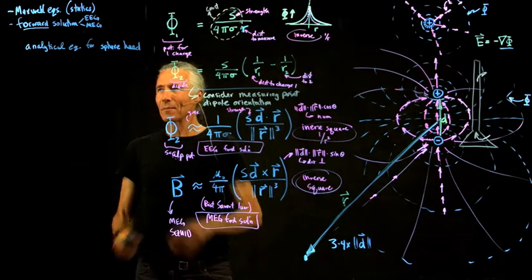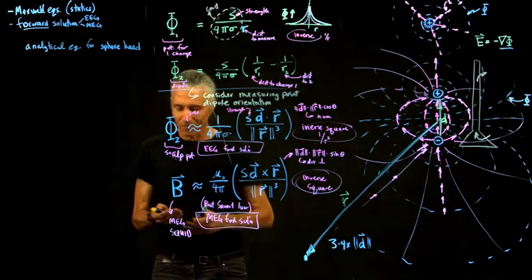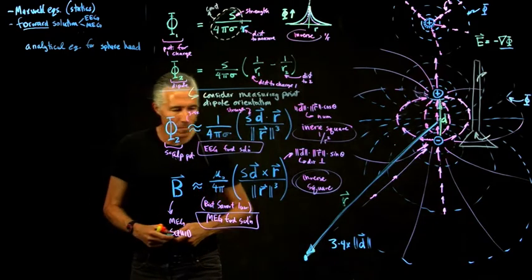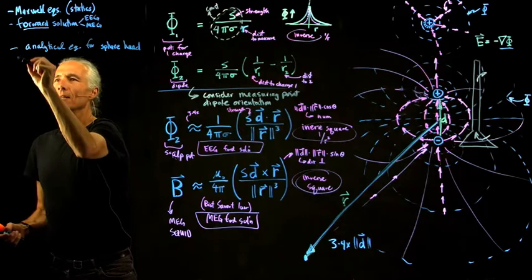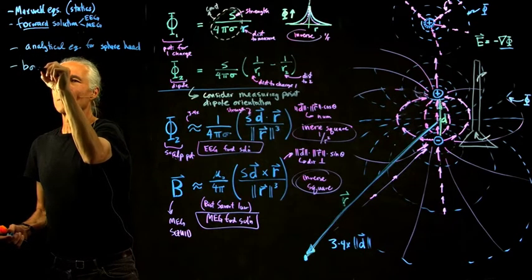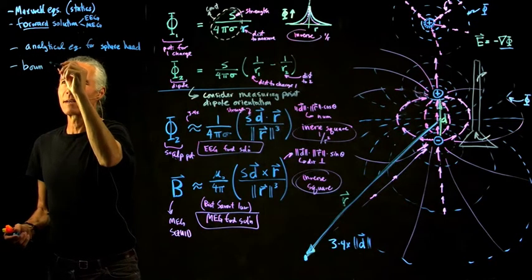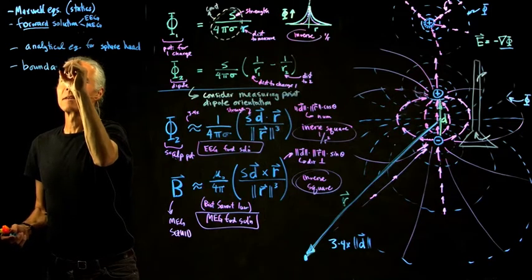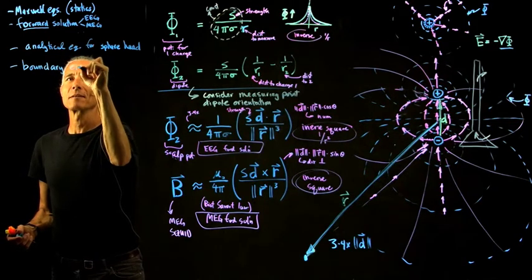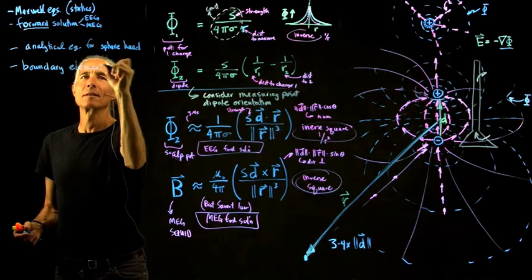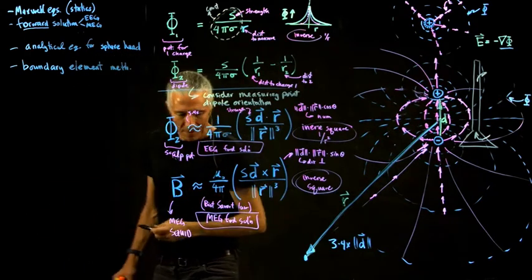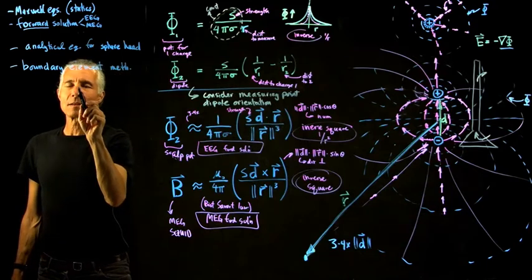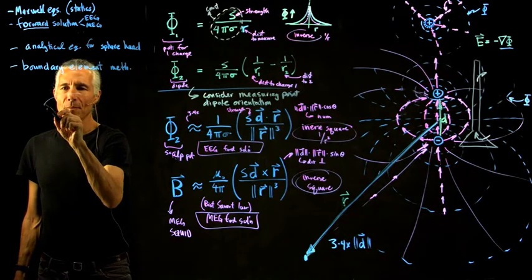But obviously people have all different shapes, and the skull varies in thickness. One way of making the correction for a non-infinite head is called the boundary element method. What that does is you have the brain cavity here.